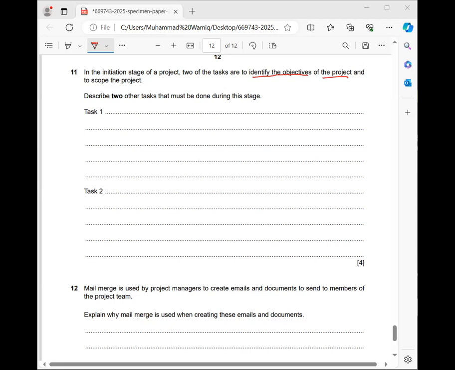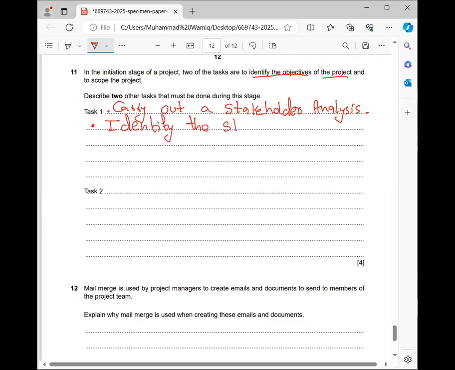So two tasks can be, for example, carry out a stakeholder analysis, or identify the stakeholders who need to approve the project.